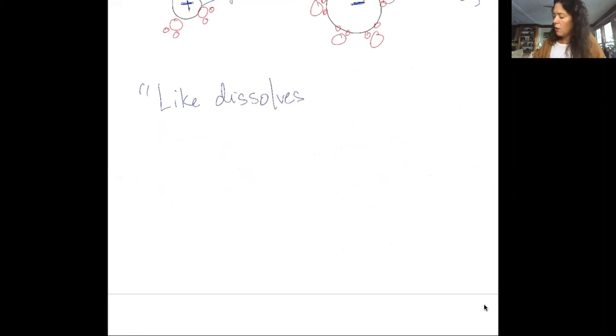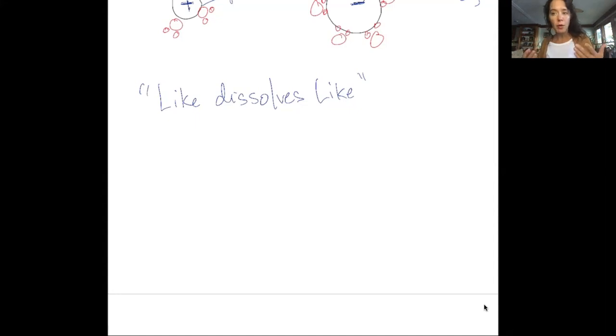However, you are not allowed to use that term as an explanation of why CCl4 dissolves in hexane, but does not dissolve in water. You cannot say like dissolves like, guys. We need a more scientific explanation. What like dissolves like means is that polar substances tend to dissolve in polar solvents. Non-polar solutes tend to dissolve in non-polar solvents, all right?